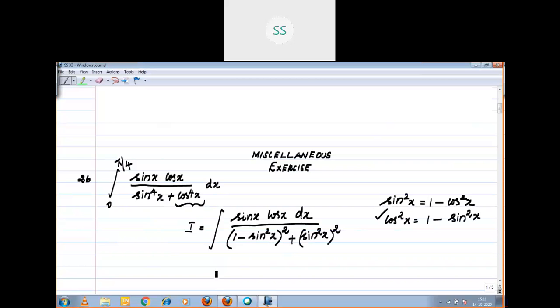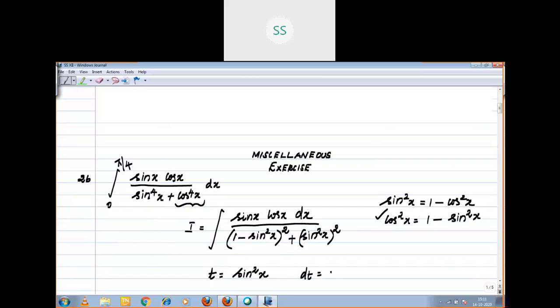Here I said I am going to adopt substitution, right? Which one I am going to consider as a variable is important. Here I consider the variable t equal to sin square x. Once you adopt substitution, you do the differentiation first.